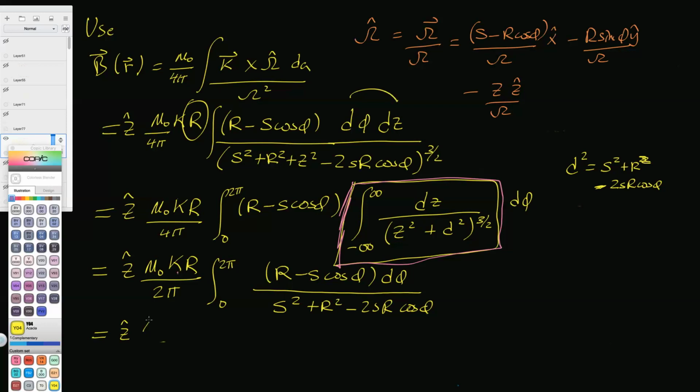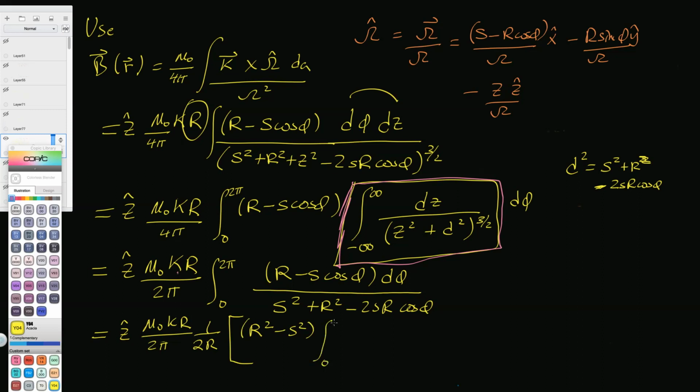All right. So we'll have mu 0 k r over 2 pi, but then we have 1 over 2r because we're replacing this r minus s cos phi with our other expression. And the r squared minus s squared does not have to be inside the integral, lucky.